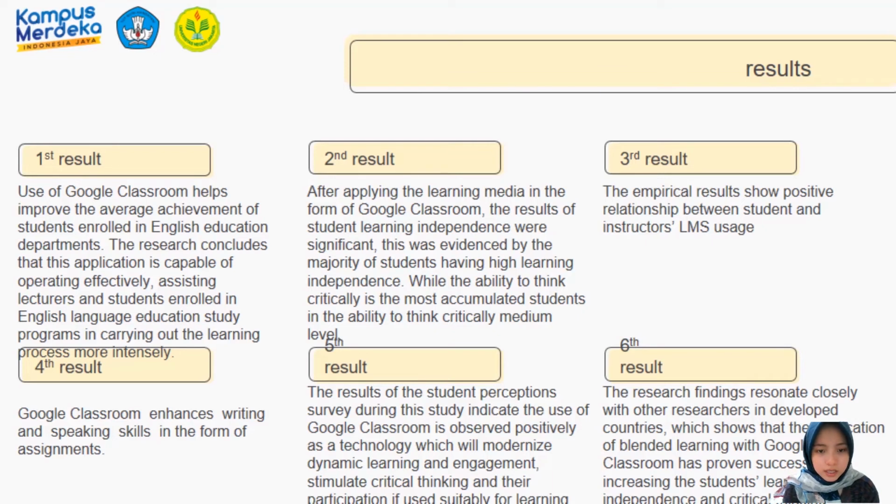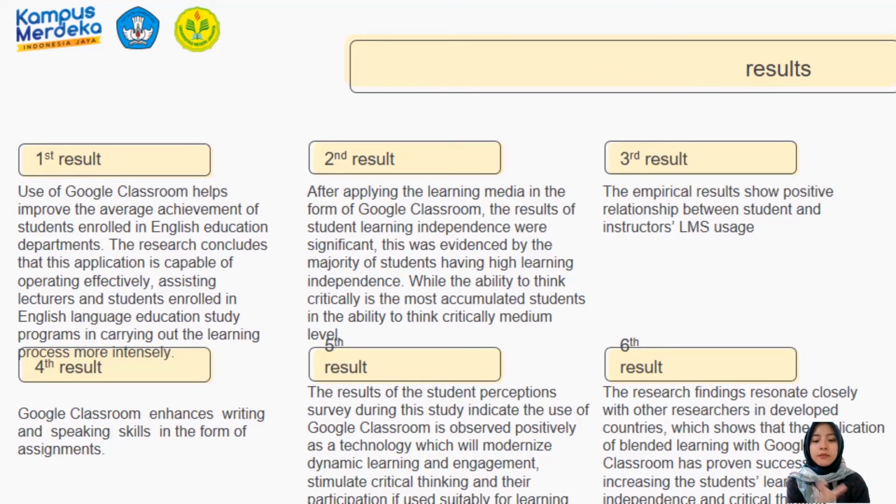And next is the fifth article. The result of the students' perception survey during the study indicates the use of Google Classroom is observed positively as a technology which will modernize dynamic learning and engagement. And then the teacher can stimulate critical thinking and participation if it is used stably for learning English.